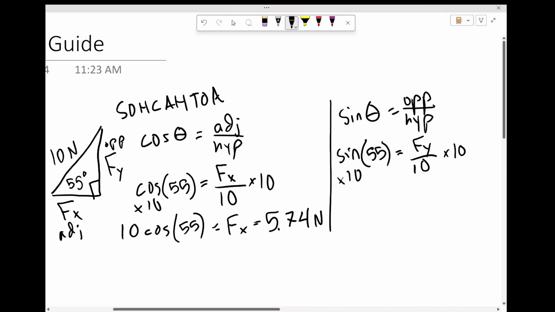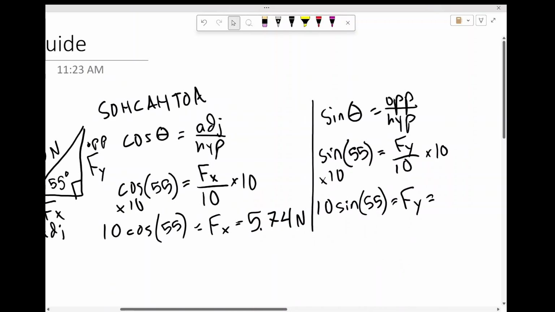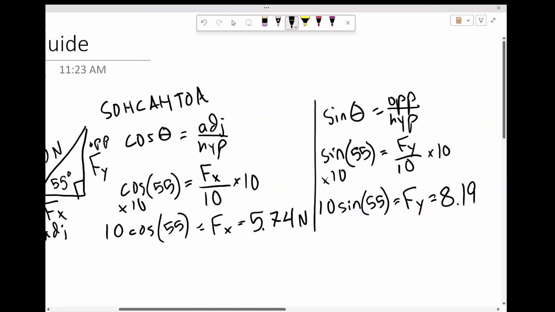Again, multiplying by 10 on both sides, 10 sine 55 is our Fy, which is 8.19. And that would again be in newtons. So those would be our x component and our y component.